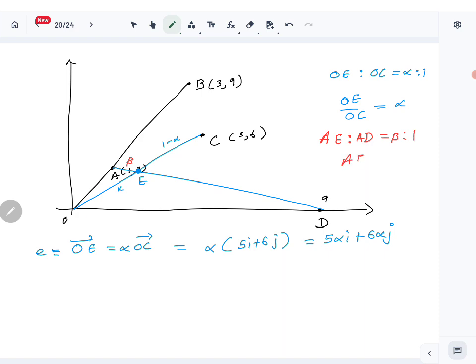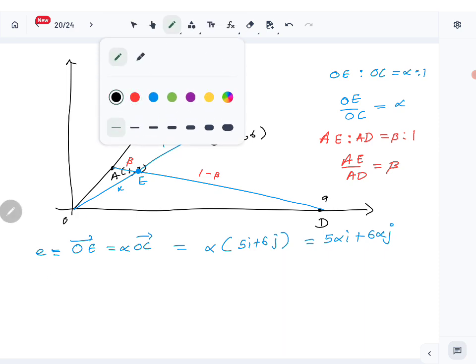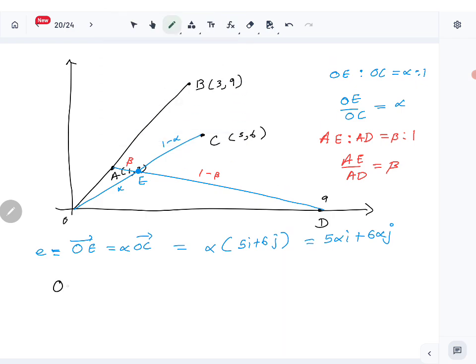So AE over AD is beta. So AE to ED would be beta to 1 minus beta. So now we need to find another way to write OE, which is E.